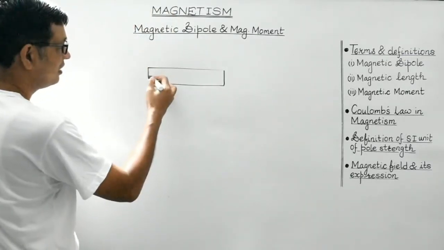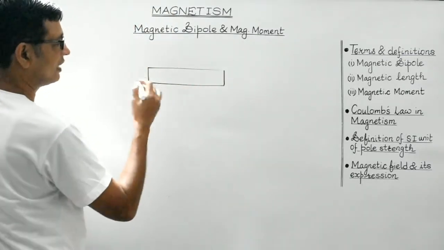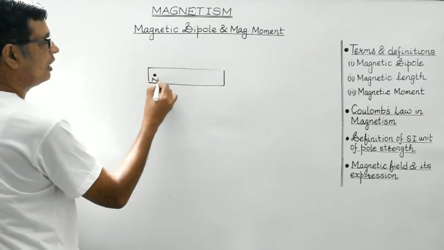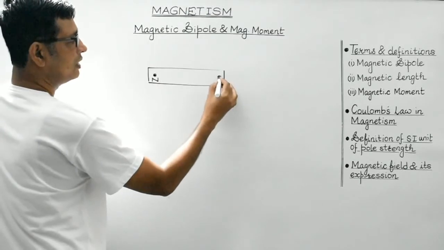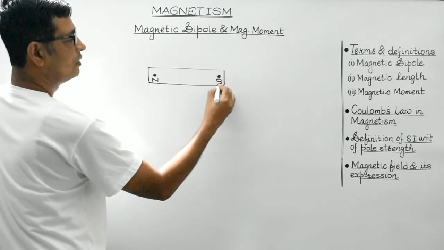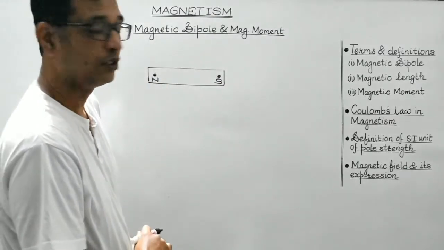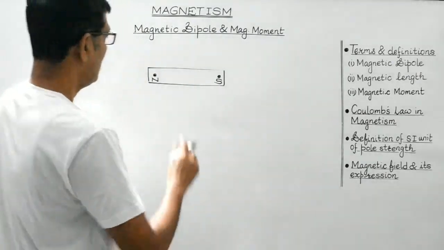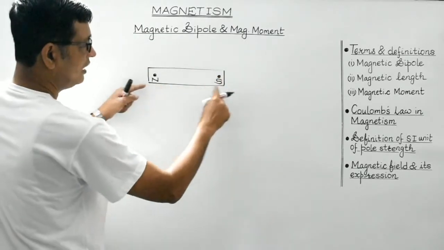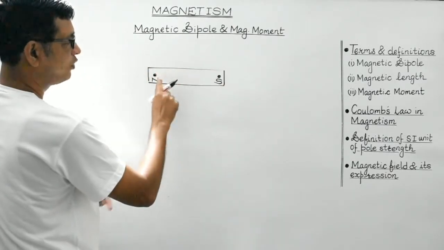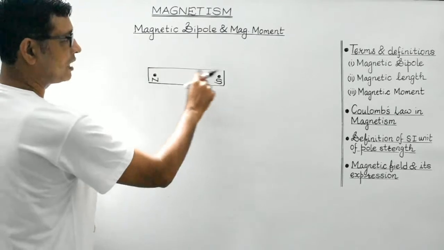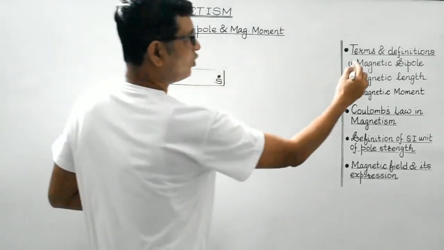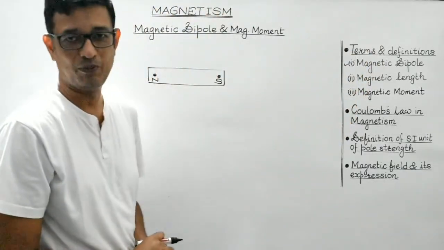So it is near the endpoints of the bar magnet. So this can be considered to be the north pole, and this can be considered to be the south pole. Clear students? So these are known as the magnetic poles, and this is the fundamental arrangement comprising two equal and opposite poles separated by a finite separation. So this fundamental arrangement is known as a magnetic dipole.